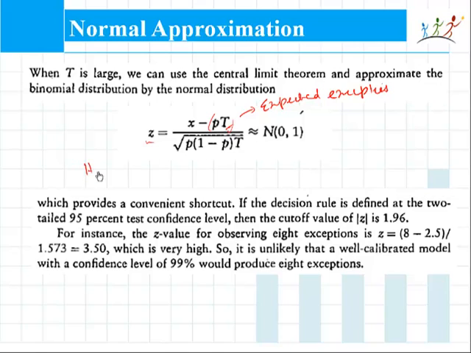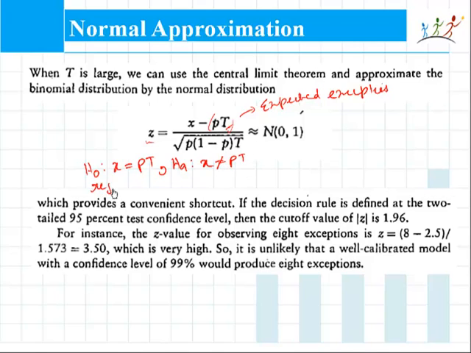The null hypothesis is that the observed exceedances or observed exceptions are equal to P into T, that is the expected number of exceptions. And the alternative hypothesis is that the observed exceptions are different from the expected number of exceptions.